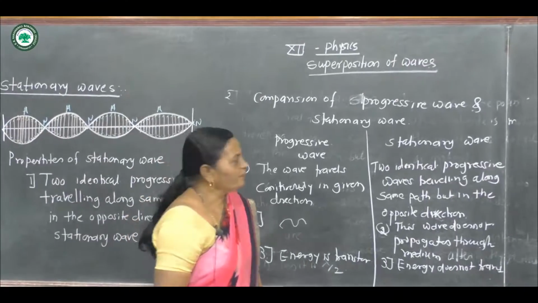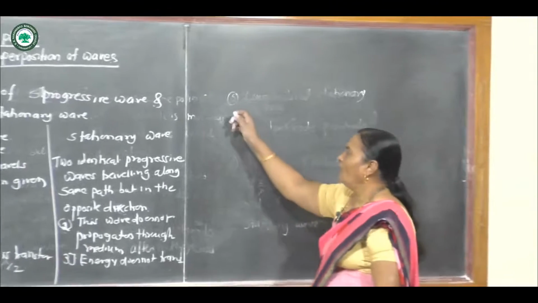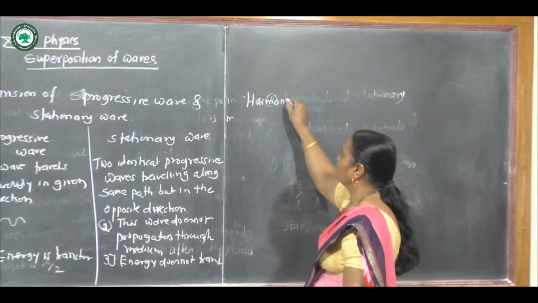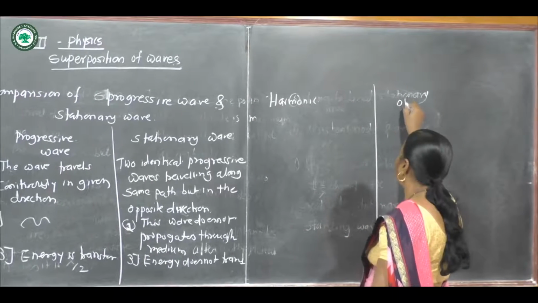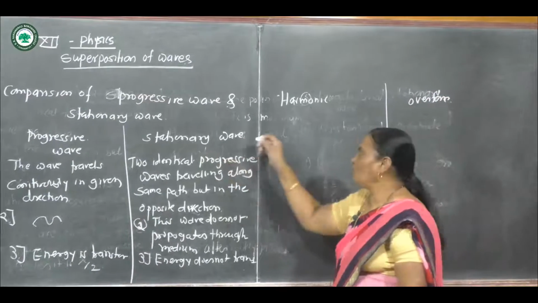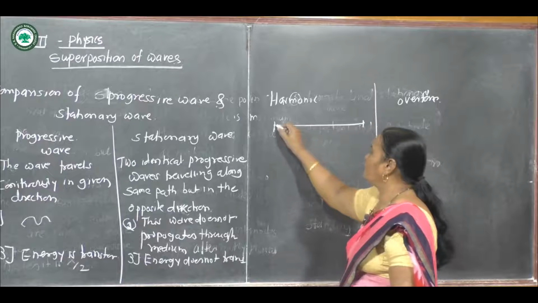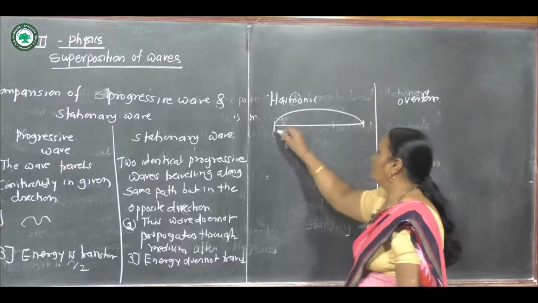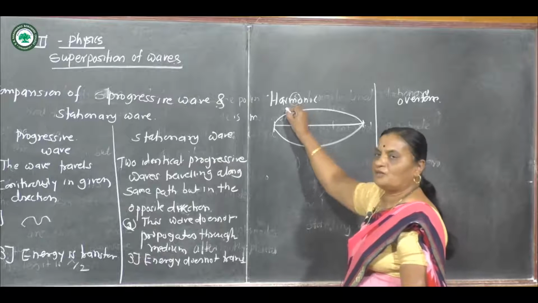Now we see harmonic and overtone. Suppose we consider a string fixed at its supports, and a stationary wave is formed. Then what is a harmonic?